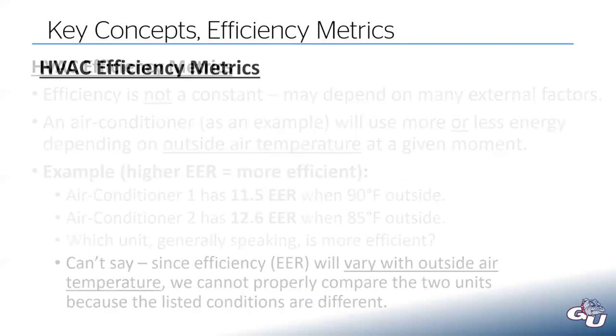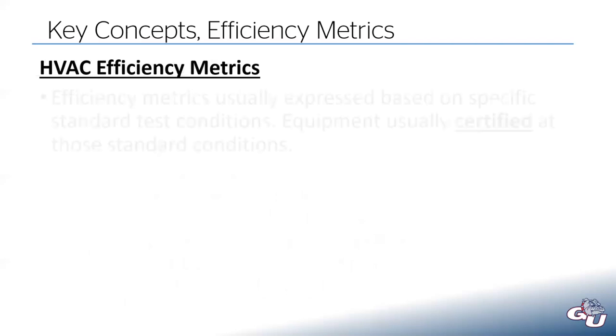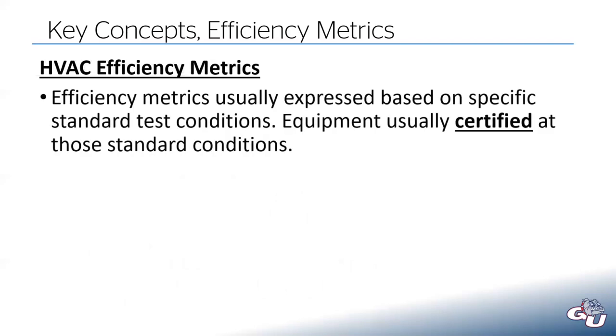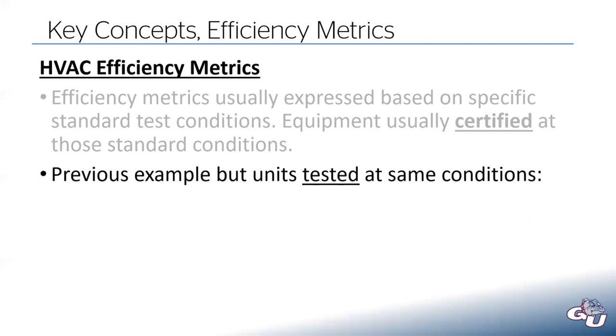So generally, these metrics are going to be expressed based on specific conditions, so that you know when you look at 2 units, which one is going to be more efficient. And it's typically certified at those standardized conditions. So in that previous example, same units, but let's say we've now tested them at the same conditions.